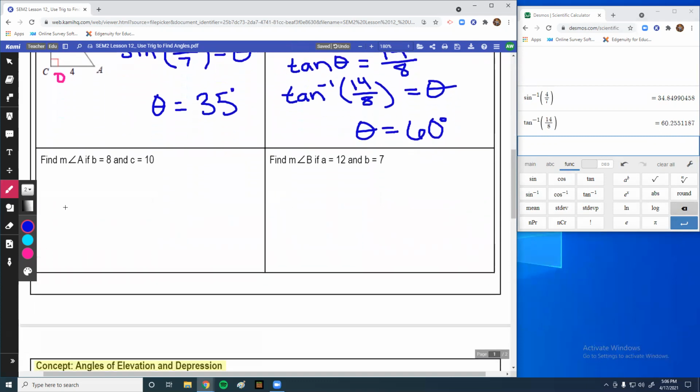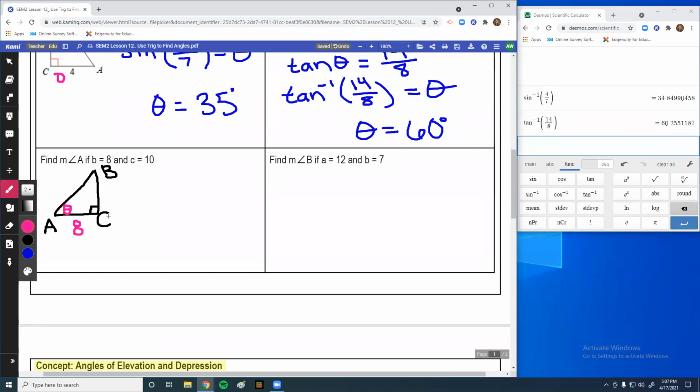All right, next we have to set up the right triangle, and so that's what we're going to do here. When we are setting up our own right triangle, remember, capital letter C is always the right angle, and then A and B can go in either place. We want to find angle A, so that's where I'm going to put my theta. Then lowercase b, which is opposite angle B, is 8.